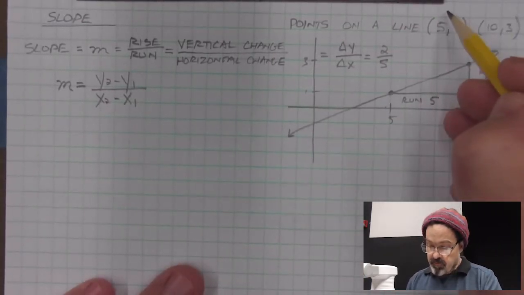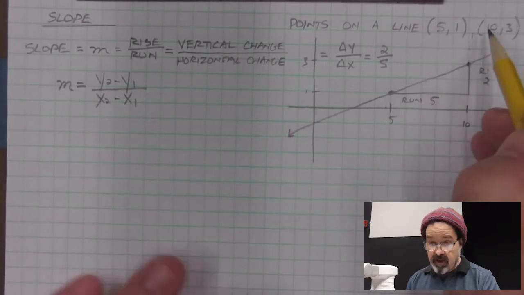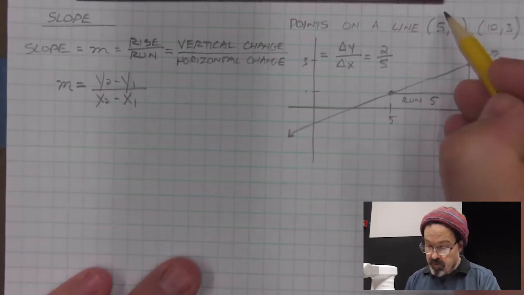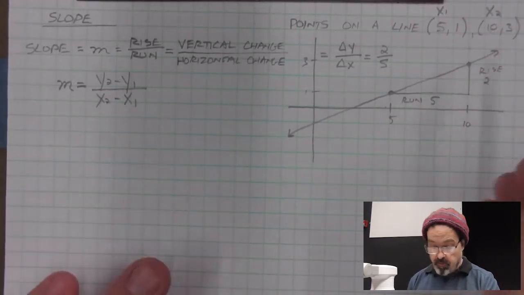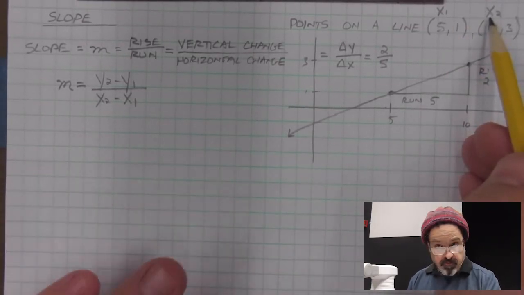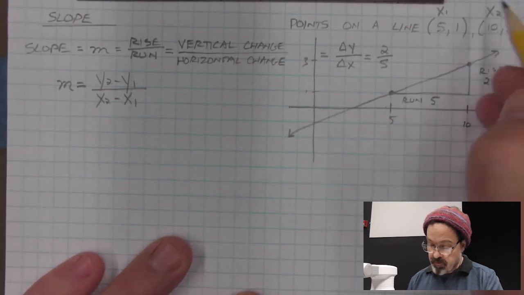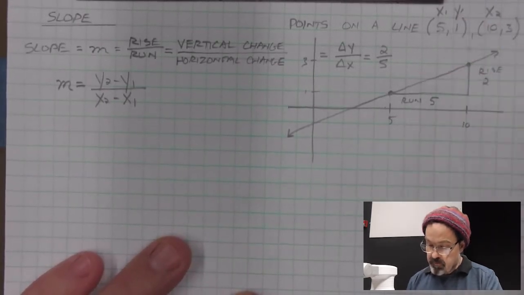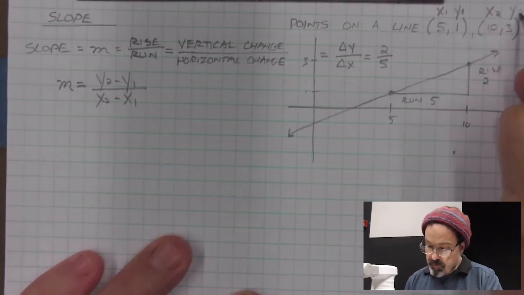We can think of the x information as the first 2 numbers. So 5 and 10 is the x information of these 2 points. And because we have 2 x values, but they are from different points, one's going to be x1 and one's going to be x2. Same thing for the y information. The y information is 1 and 3. We can label one as y sub 1, and the other is y sub 2.